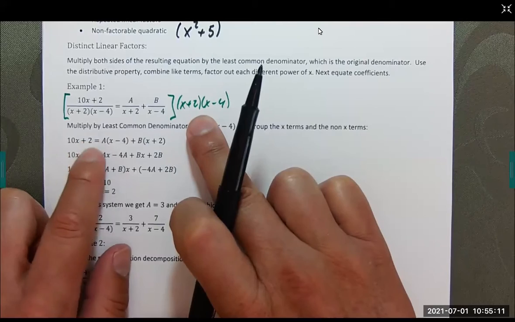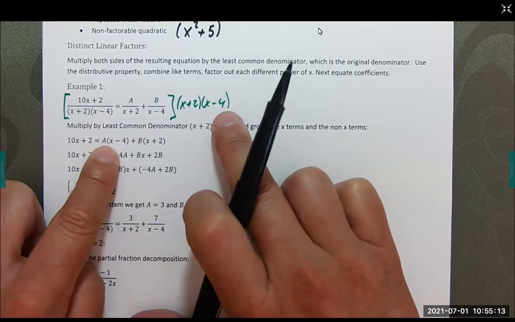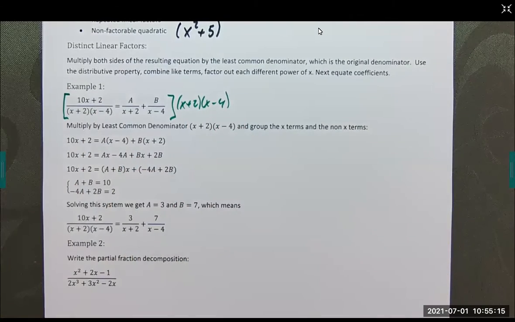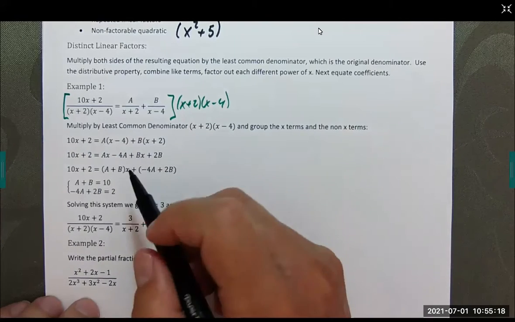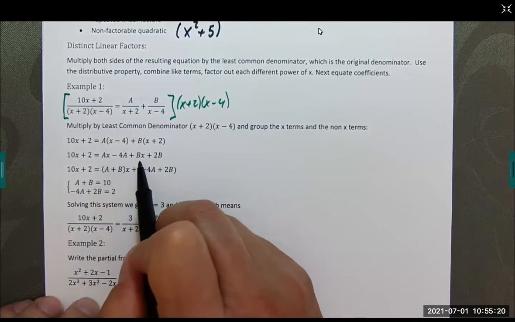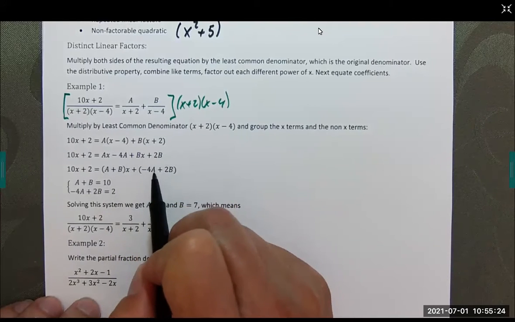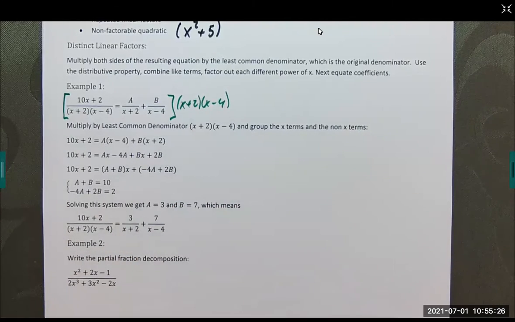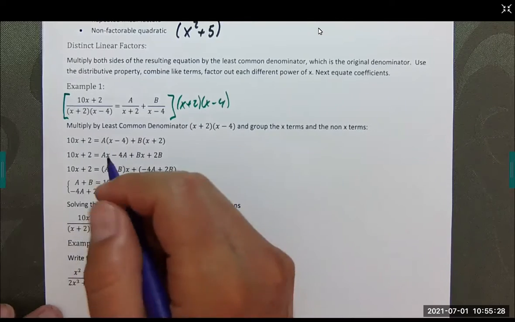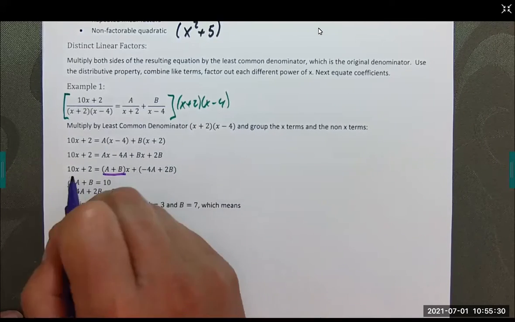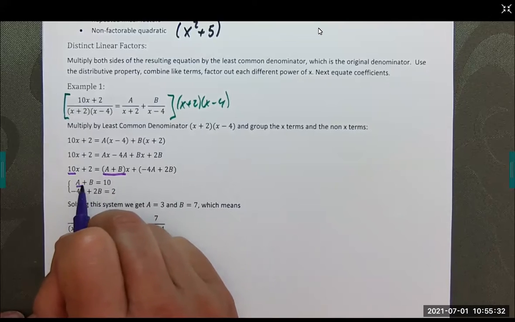I'm left with a times the x minus 4, and b times the x plus 2. Distribute and break it down so that I take the x terms, factor an x out, and the non-x terms, and group them together. And here's the point. That must equal that, and we can see that here.